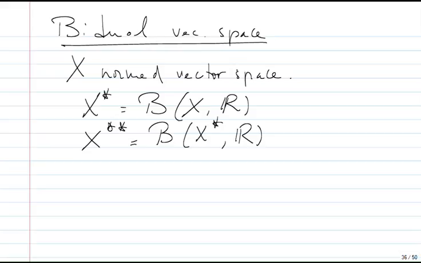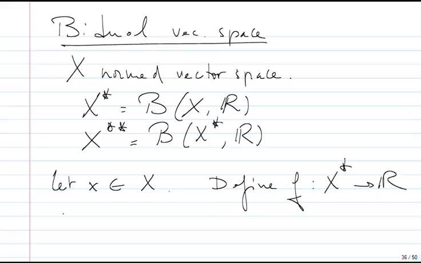And easily we can see that x belongs to the bidual. So define f from x star into R by f of x star to be equal to x star of x.